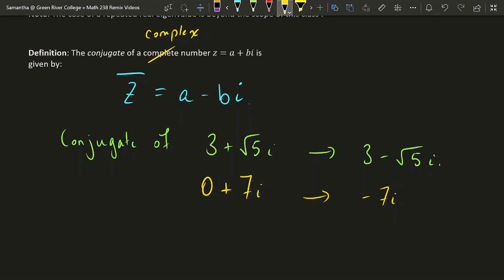The conjugate of the complex number 2 minus 3i would be the number 2 plus 3i. The conjugate takes the imaginary part and changes the sign. Let's see how the conjugate appears.